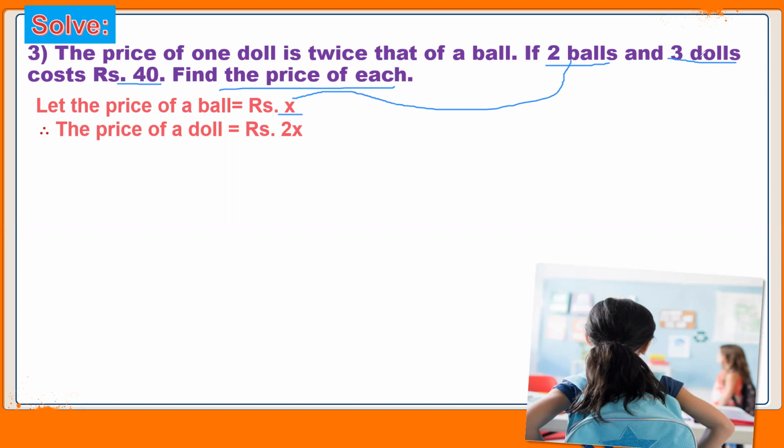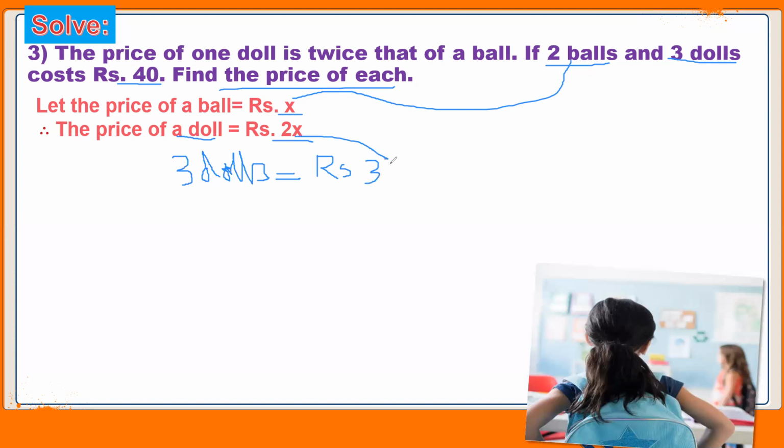Now, if one doll costs rupees 2x, then what about 3 dolls? If one doll costs rupees 2x, then three dolls cost rupees how much? 3 is going to be multiplied with this number 2x.